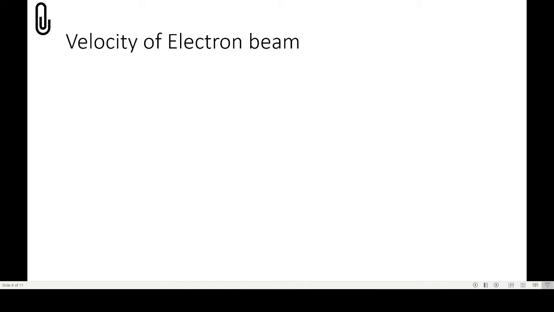Now I would like to calculate the velocity of the electron beam. The electron will flow with a uniform velocity V0, as I already discussed, without the effect of the input signal. So V0 can be calculated as shown.